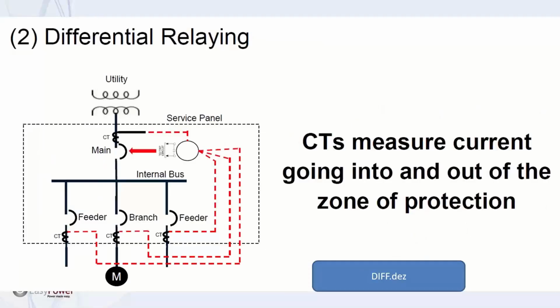Then differential relaying, again, is very similar to fuse control, except instead of a fuse being switched, we have a main breaker that's going to be protecting the whole system and will trip based upon the differential signal being smaller. Now, in EasyPower, we can't simulate the reduced voltage differential and the small signal that can be applied.